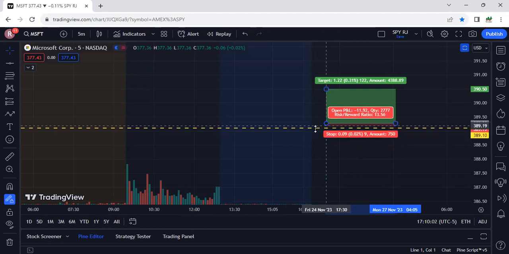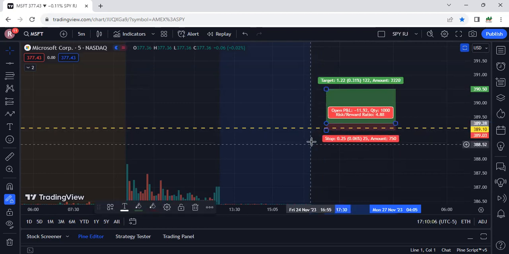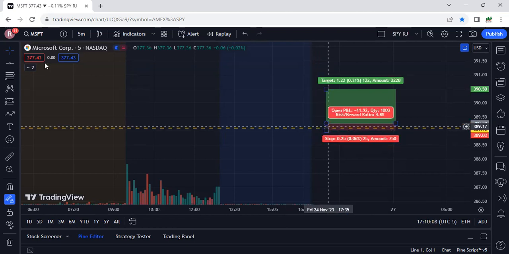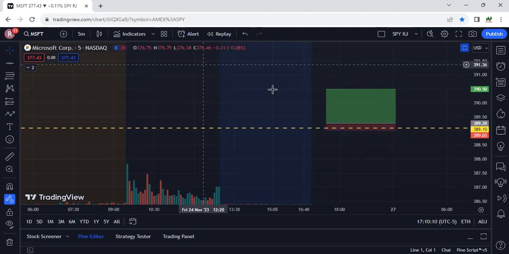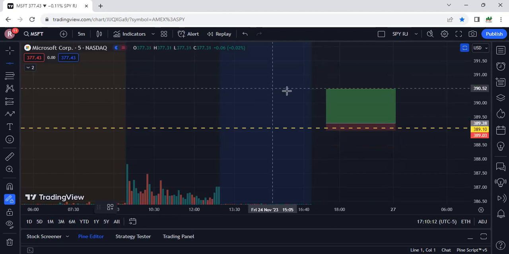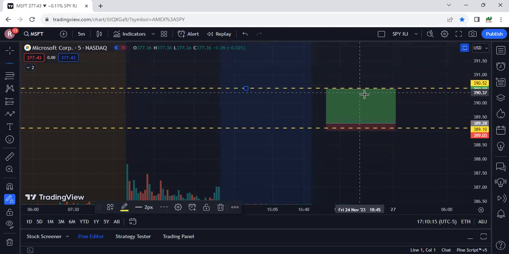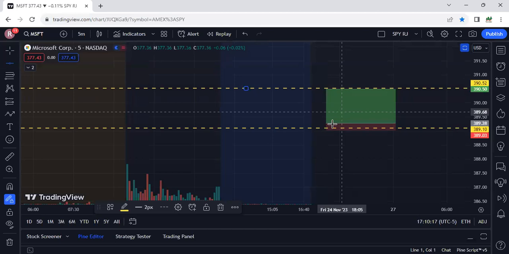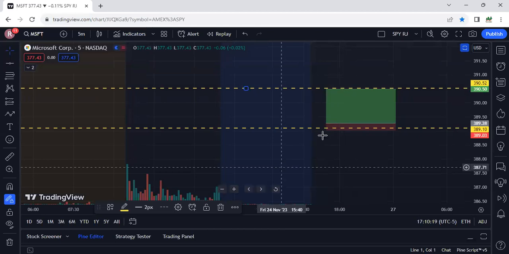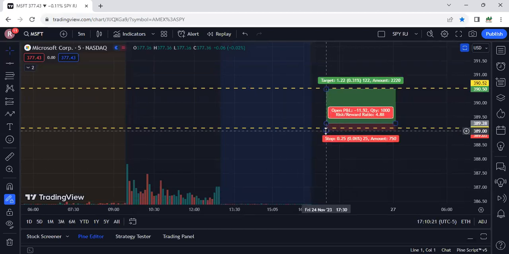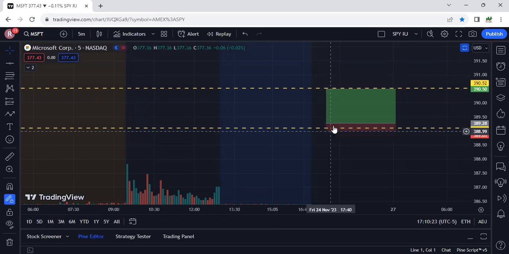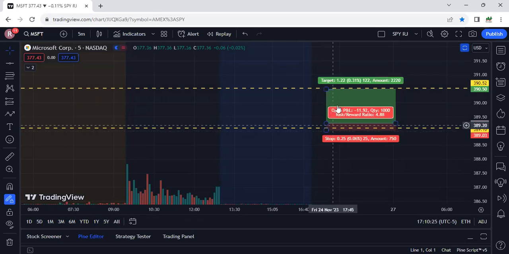And let's say the bottom of the candle was at 389.03. If we had another key level here, key level or high of day, retest here. We're risking 25 cents to possibly make $1.22. It's a 4.88 risk to reward ratio.